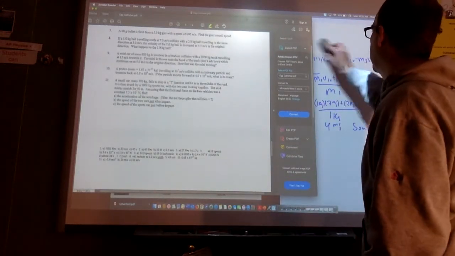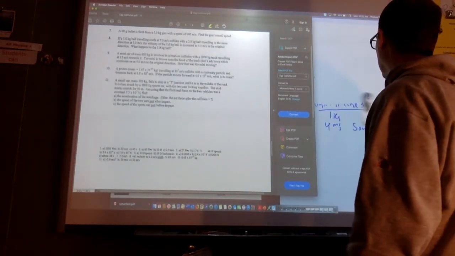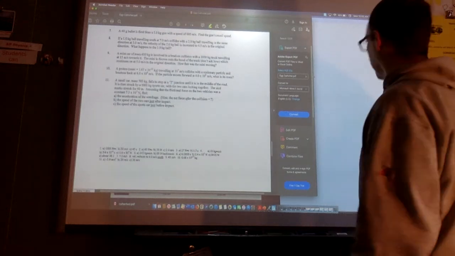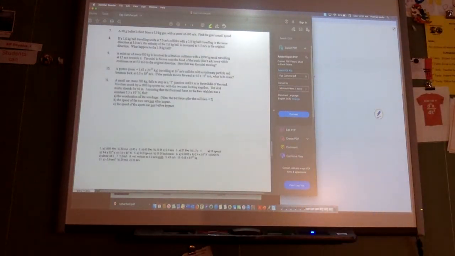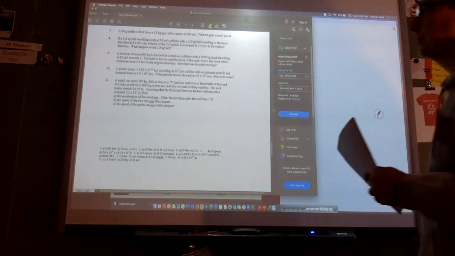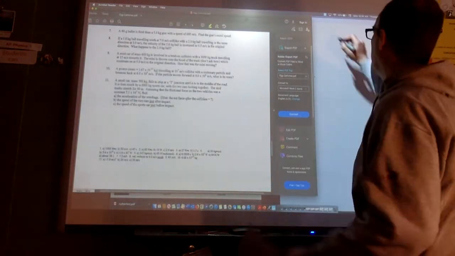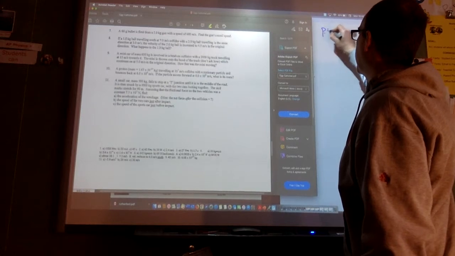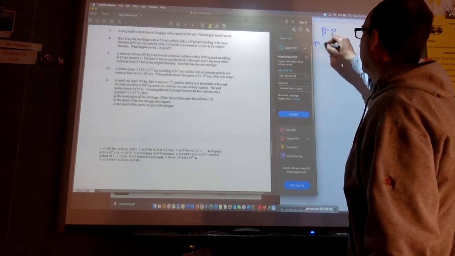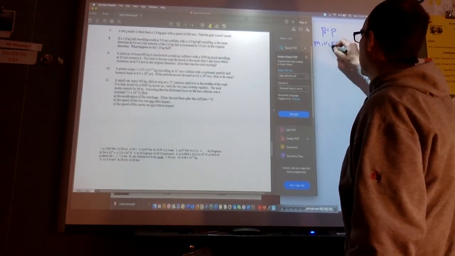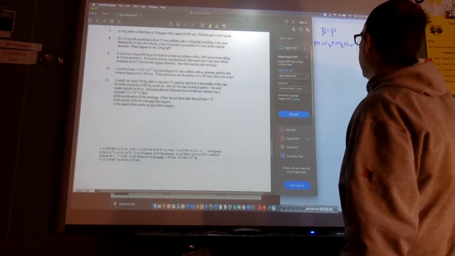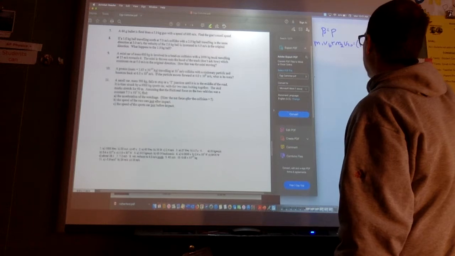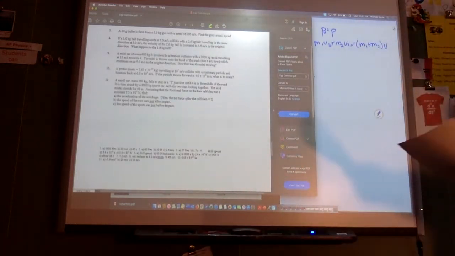So I'm going to erase this. Another momentum is conserved problem. This one, they are going to have separate momenta to start with, but since it ends up on the hood, they're going to share a momentum together.